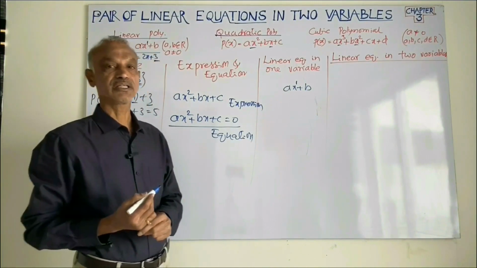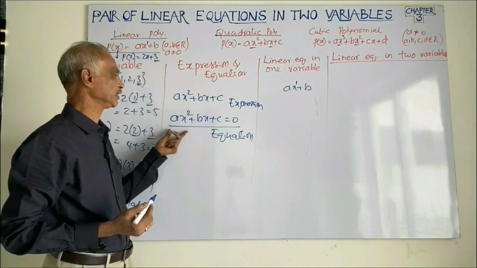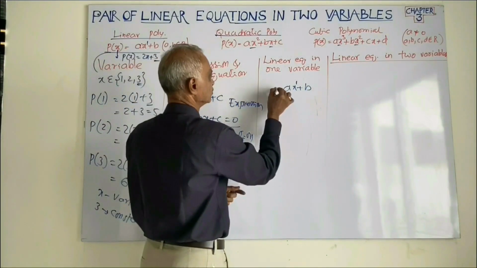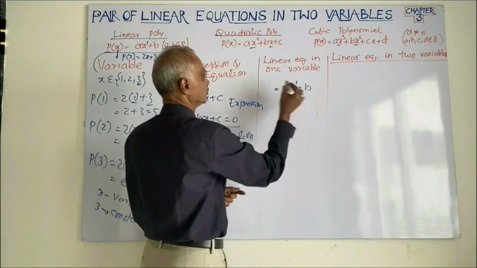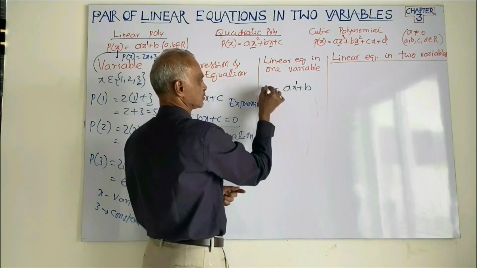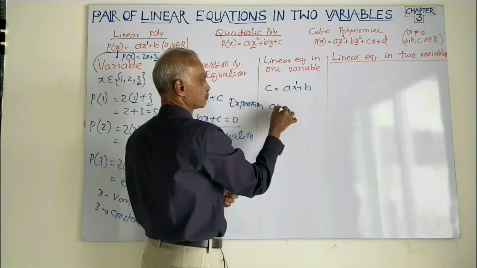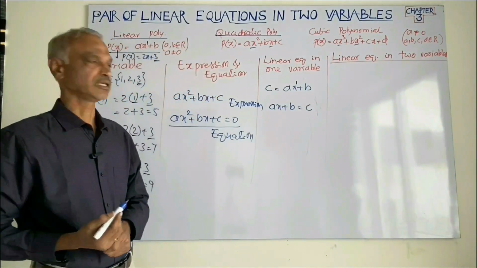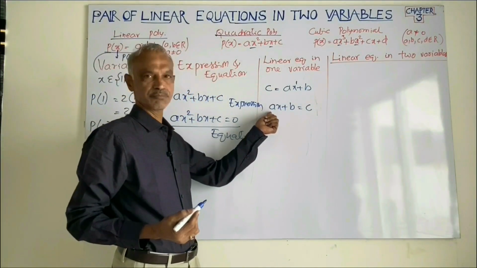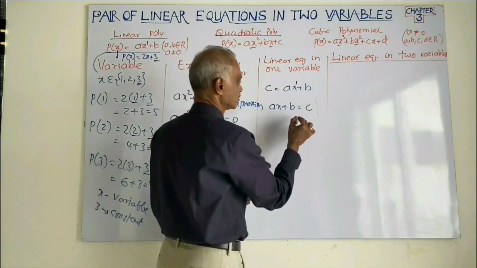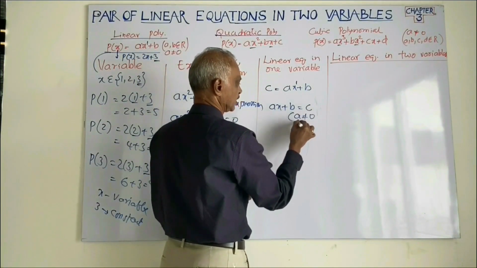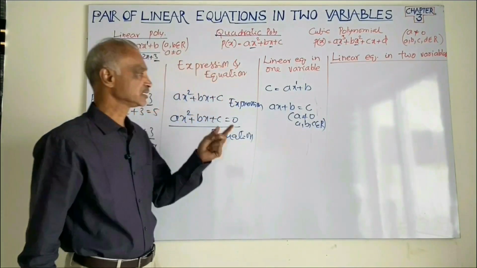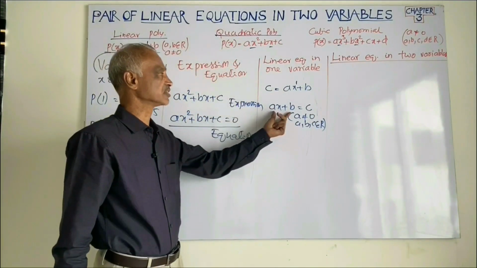For a linear equation, it should have some value. You take any value: ax plus b is equal to c. a, b, c are real numbers, a should not be equal to 0. a, b, c belong to real numbers. It is a linear equation.